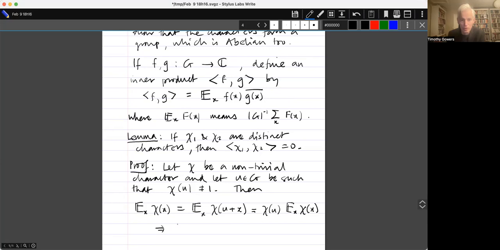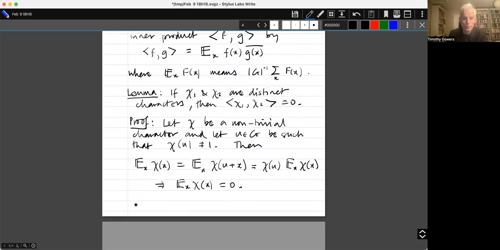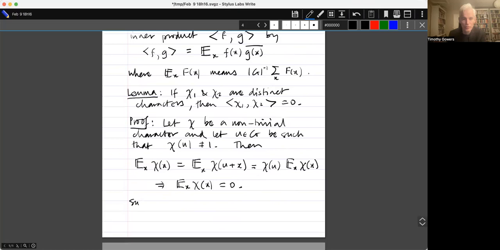And now we see that this thing here equals itself times something that is not equal to 1. And so that implies that this average here equals 0. So since chi1 doesn't equal chi2, we get that chi1 chi2 bar is a non-trivial character.